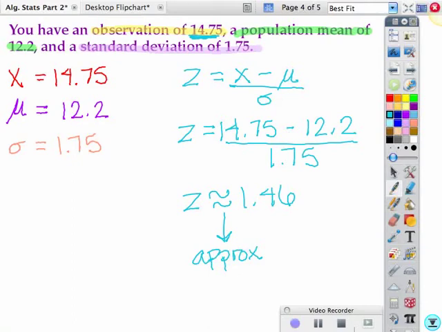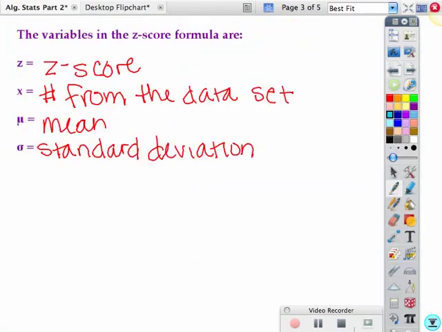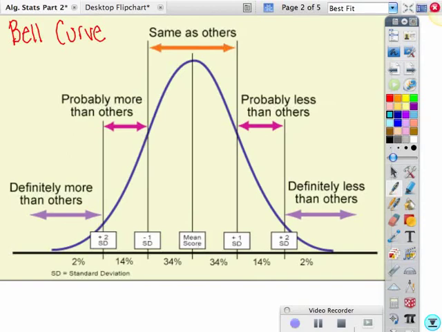which is 12.2. So if we wanted to make a bell curve, it would look something like this. This score right here, our mean, we were given as 12.2. We were also given that the standard deviation was 1.75, so we add 1.75, and we also subtract 1.75. That will give us these values right here.